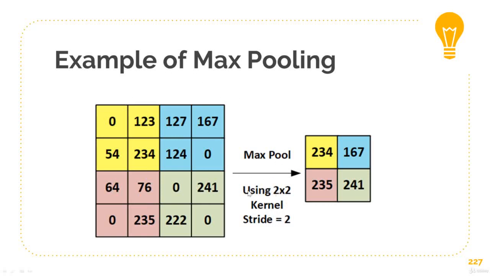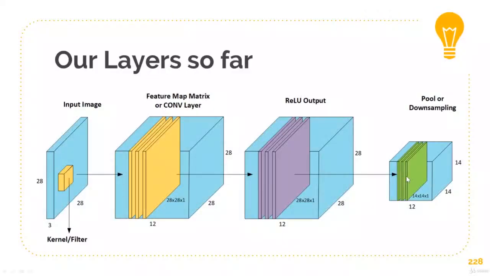Using a 2x2, it splits this up into a 2x2, 2x2, 2x2, 2x2 grid. What max pooling does is take the max value out of each, 234, 167, 241, and 235, and puts them into this block here. This is what we call downsampling or subsampling. Basically, we've compressed the image here and retained the most important features.